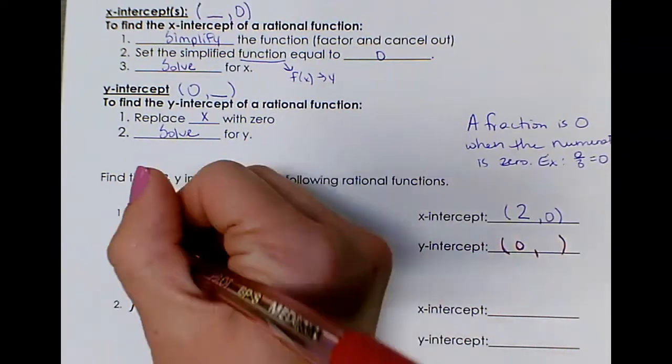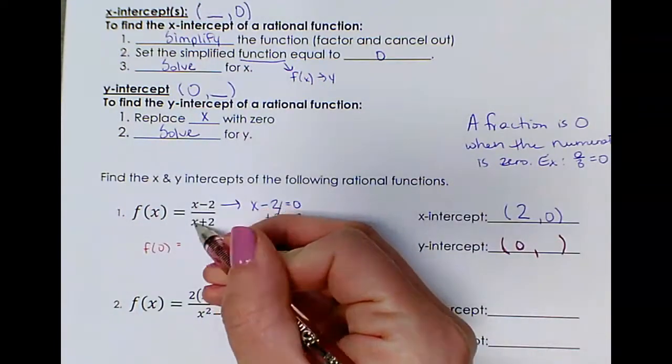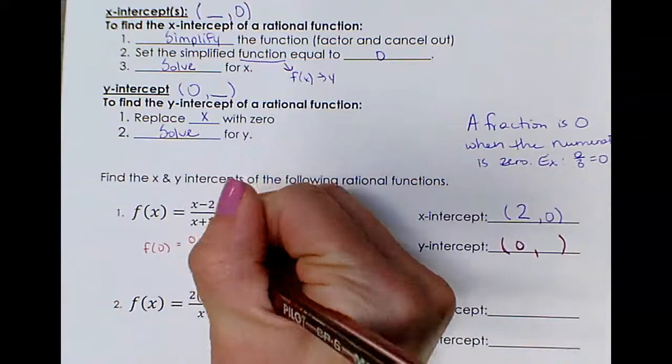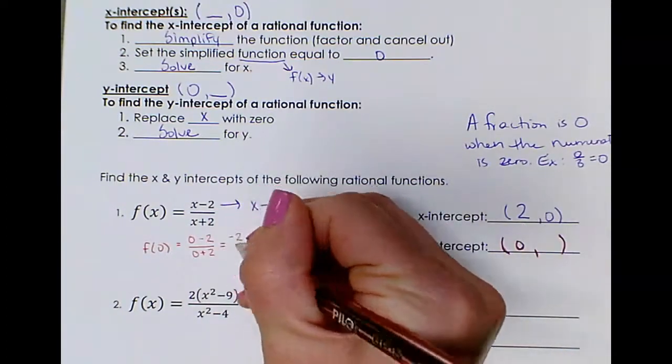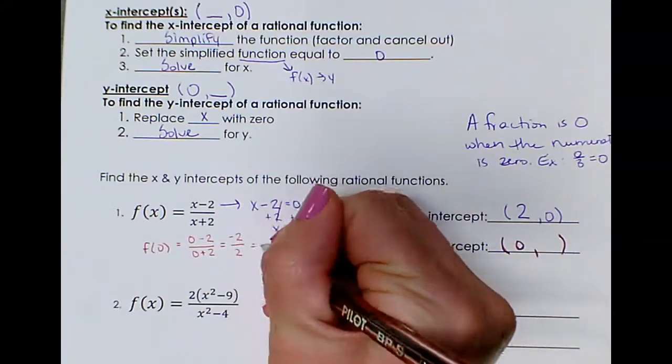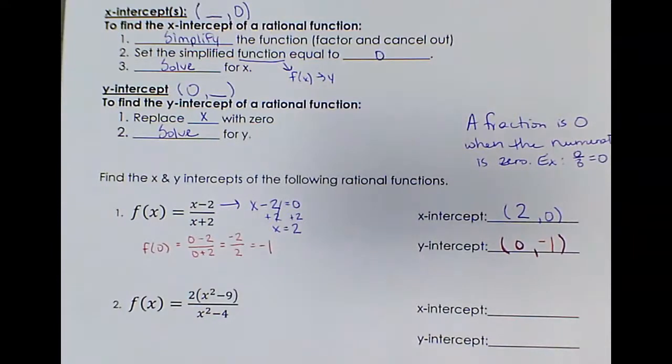So if I'm finding f of 0, and I substitute 0 here and here, I have 0 minus 2 over 0 plus 2. 0 minus 2 is negative 2, 0 plus 2 is positive 2, and that simplifies to be negative 1. So negative 1 is my y value of the y-intercept.